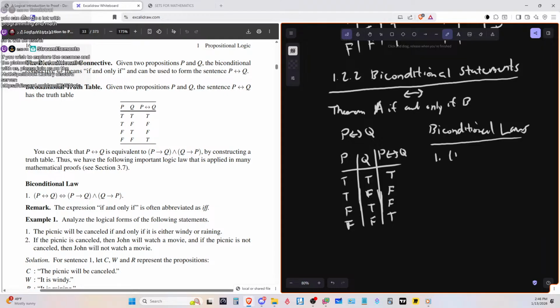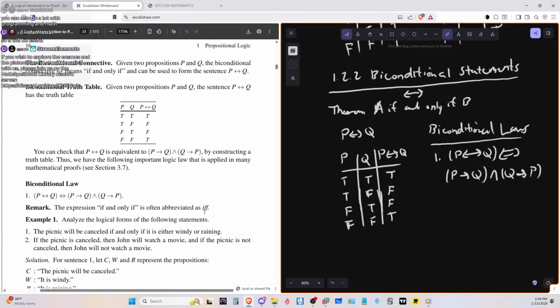Okay, so P. The expression if and only if is used.